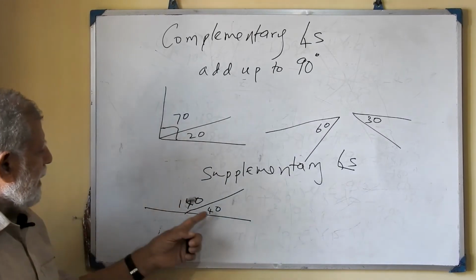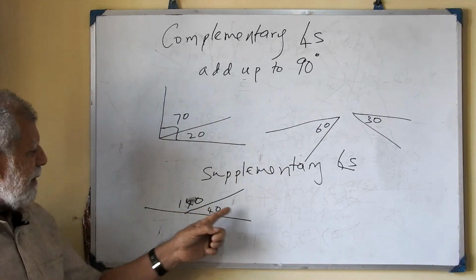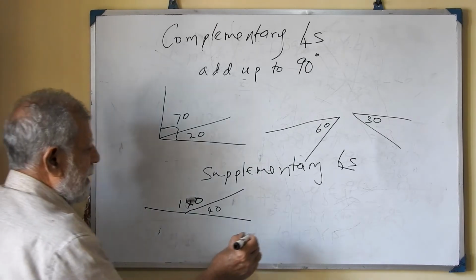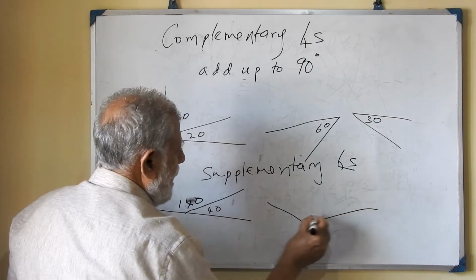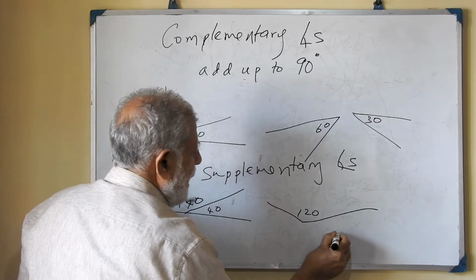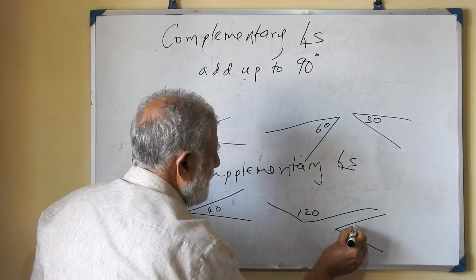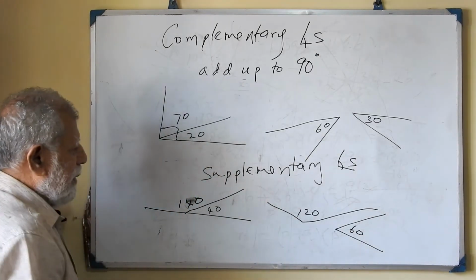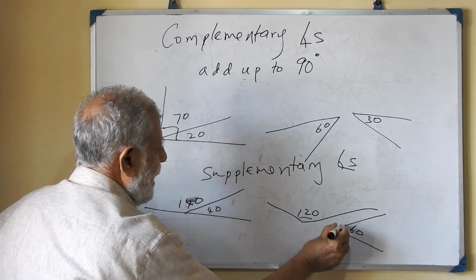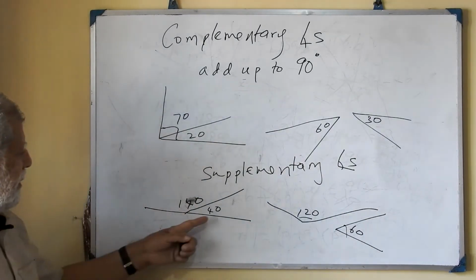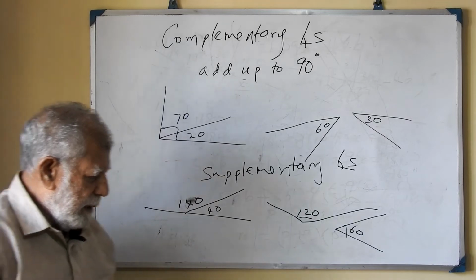So both these angles add up to 180 degrees. So these are supplementary angles, these two. You can have this separately also. Here 120 degrees and we have 60 degrees. So this pair is supplementary angles, this pair is also supplementary angles.